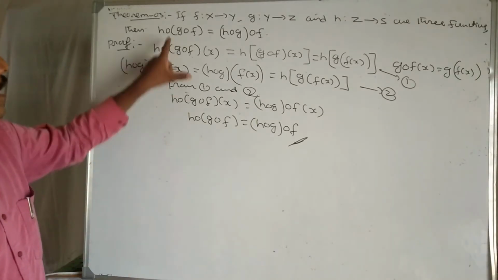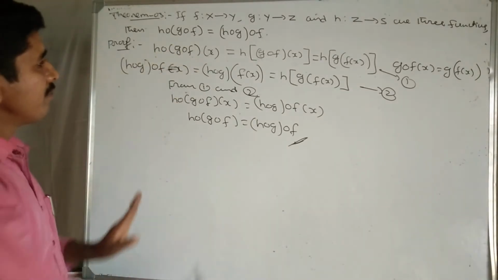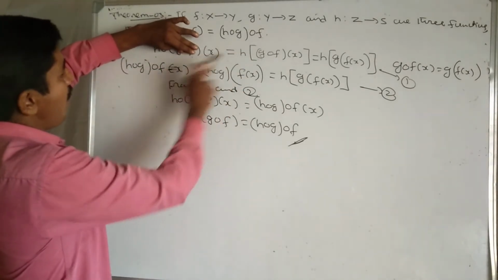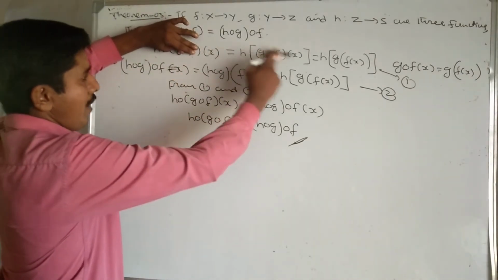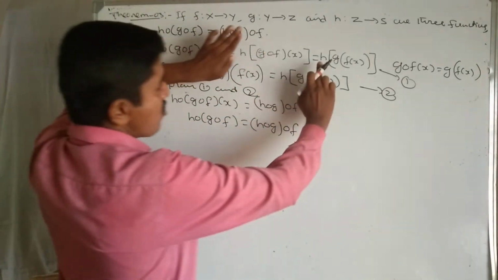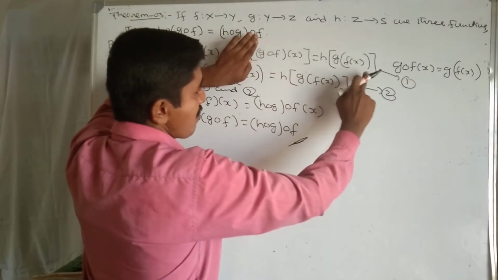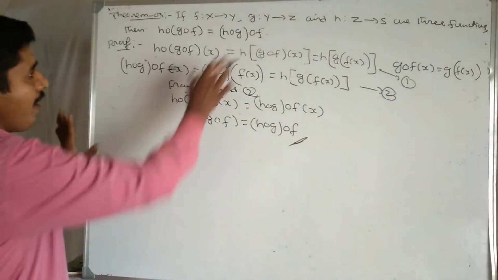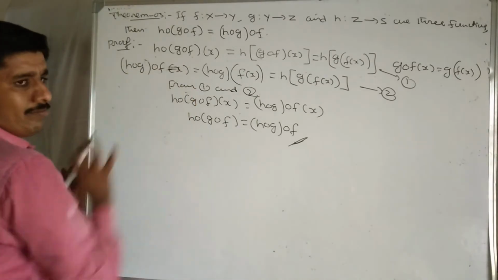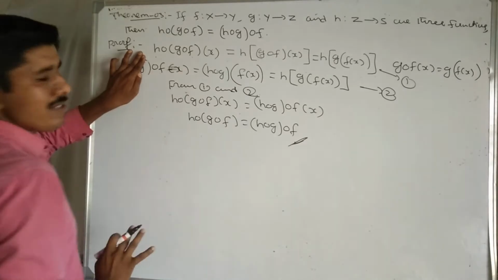Got it? LHS h∘(g∘f), take domain element x. Defined as, remove the composition, h of (g∘f)(x), either square bracket or ordinary bracket. Next, h of g of f of x, called as equation 1. Next, RHS, this is (h∘g)∘f, let's take our domain element x. Remove the composition: h∘g as it is, of f of x.